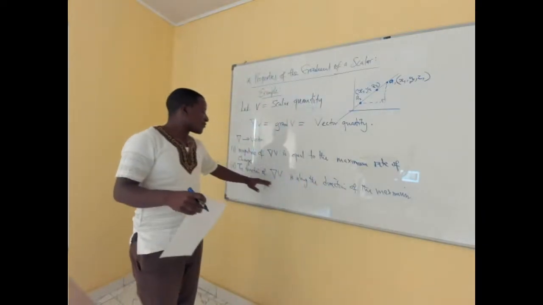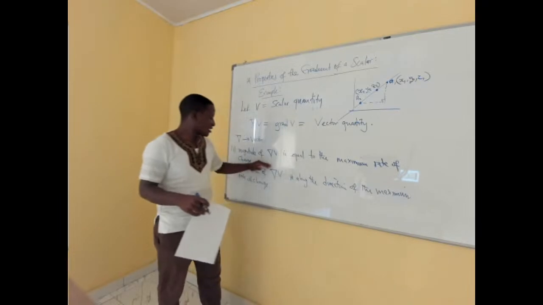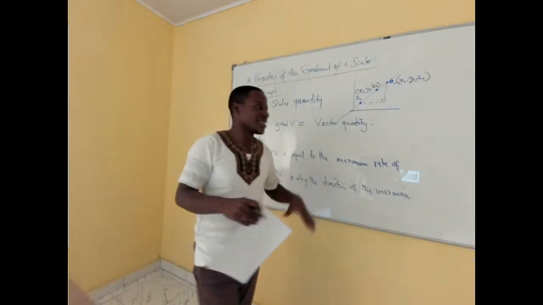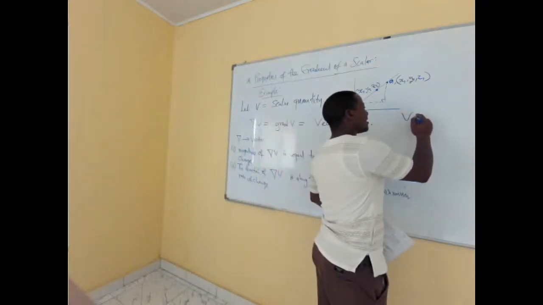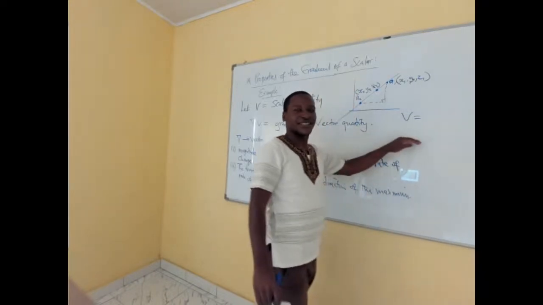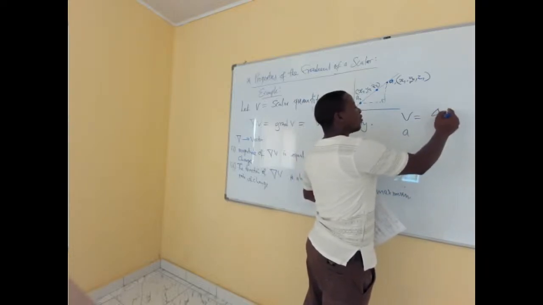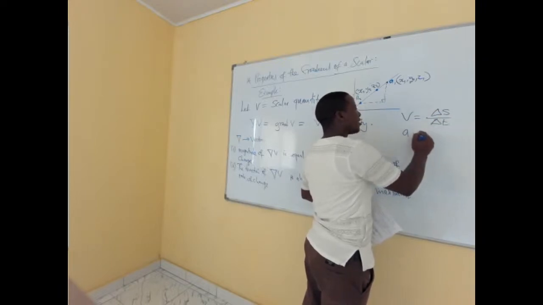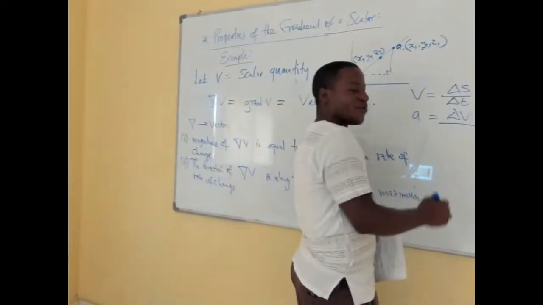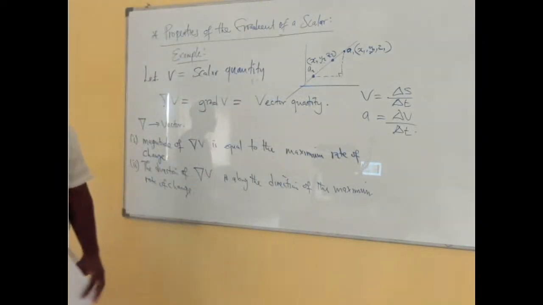We have said that this magnitude is equal to the maximum rate of change. The rate of change should remind you of, for example, velocity. Your velocity is the rate of change of displacement over the change in time. Your acceleration is the rate of change of velocity over the change in time.